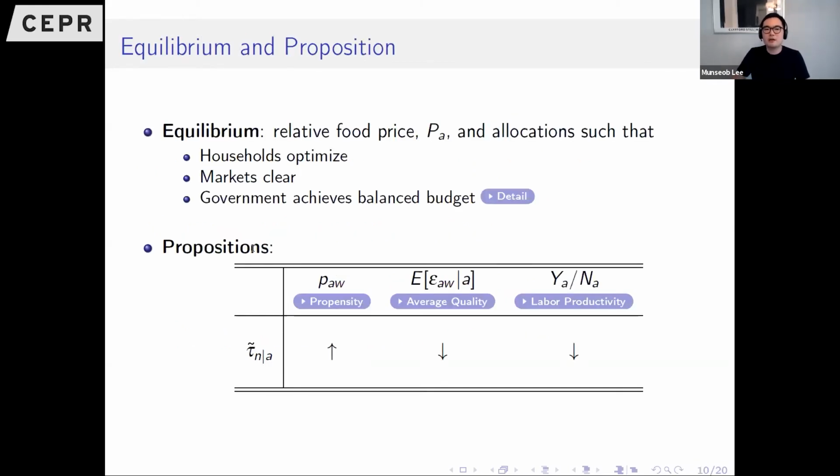Before going there, the equilibrium concept is quite standard. Households optimize, the markets clear, and the government achieves a balanced budget just to close the economy. Then my key moment is the tau tilde, which is the relative friction in the non-agricultural sector compared to the agricultural sector. And my assumption is that only the female workers are experiencing this friction.